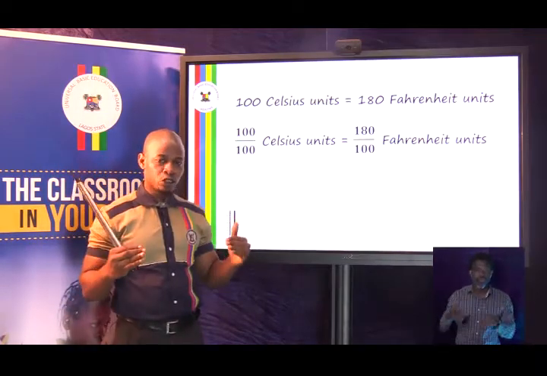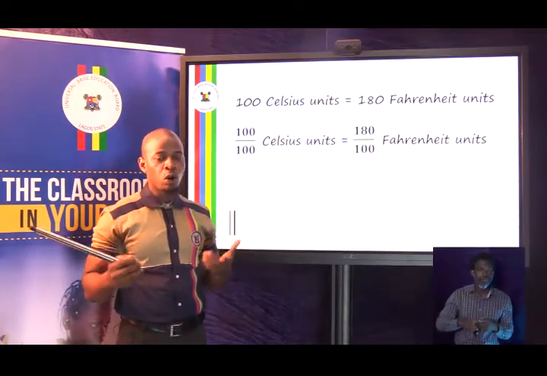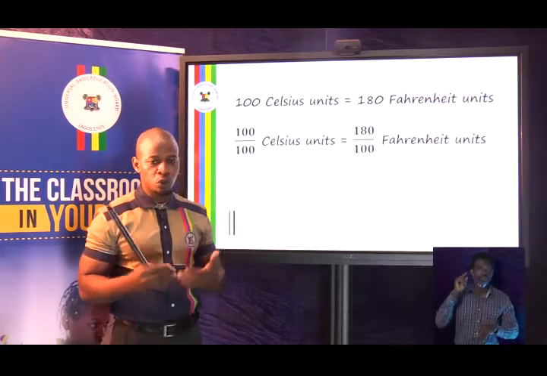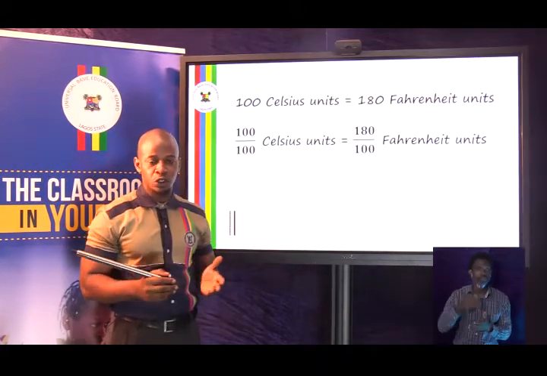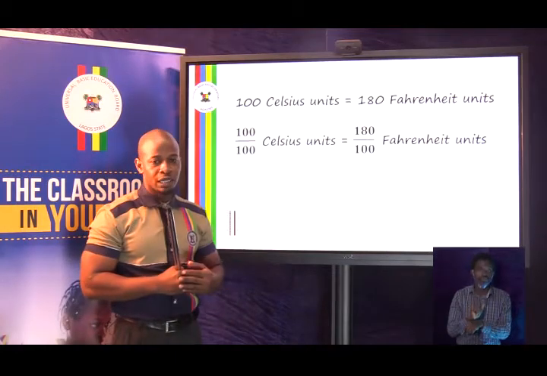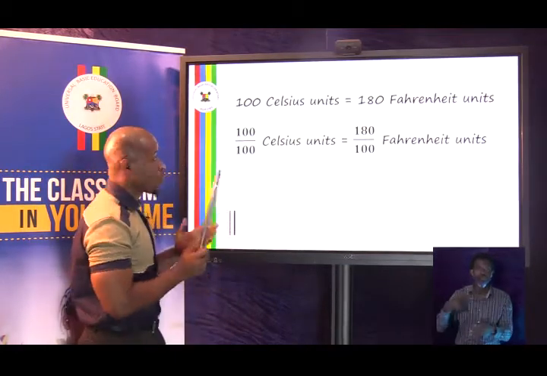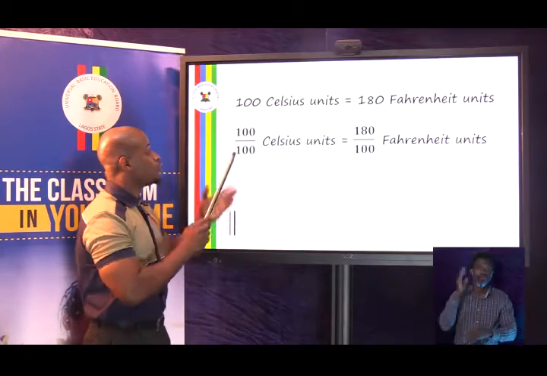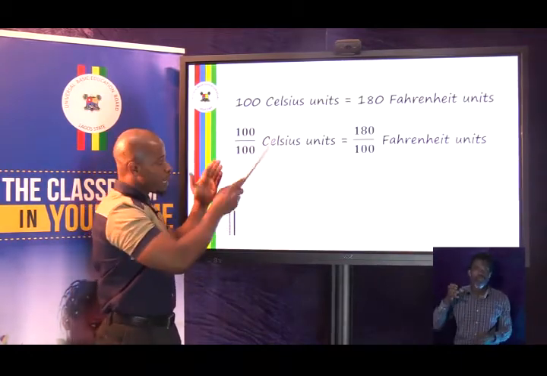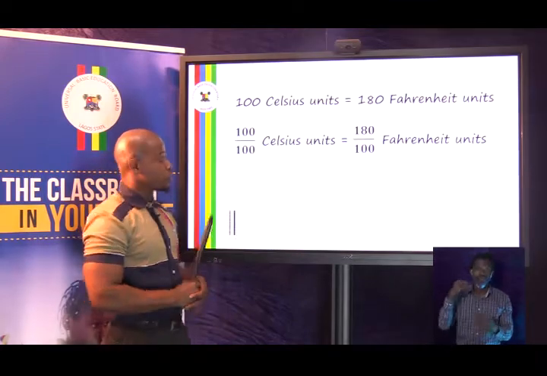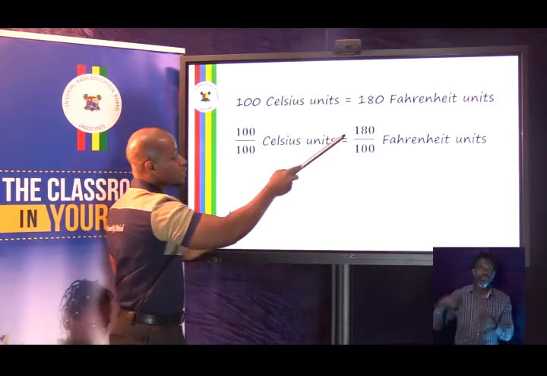Now, this is the relationship. But we can scale it down to the lowest term so that we can use that knowledge to find any other temperature in Fahrenheit or Celsius that we want. So what we are going to do is divide both sides by 100 so that we can have this one as 1 and see what we get on the other side. Remember that this is an equation and this is the bridge.